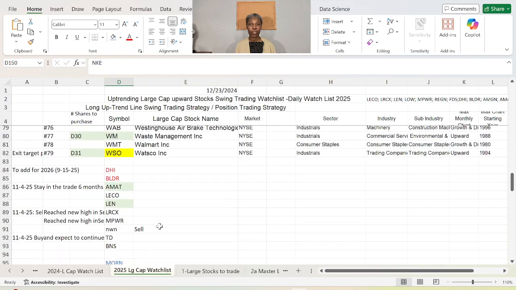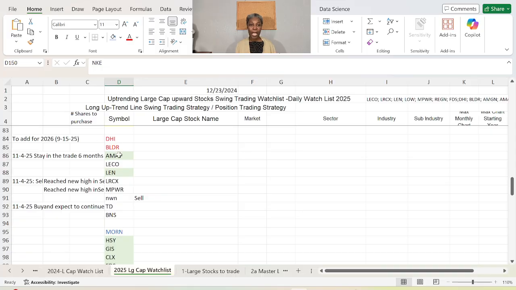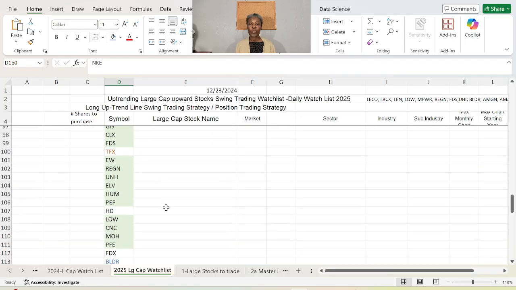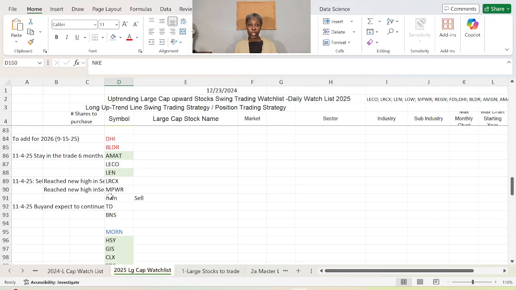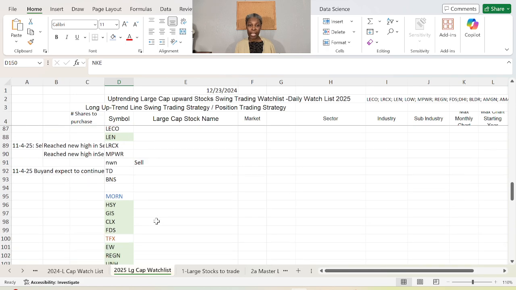And toward the end of 2025, I started analyzing stocks for 2026, and the ones that I set for purchasing right at that moment, I copied and pasted here. And as I was purchasing them, I was highlighting them as well.